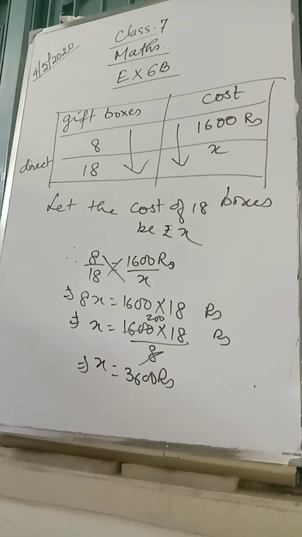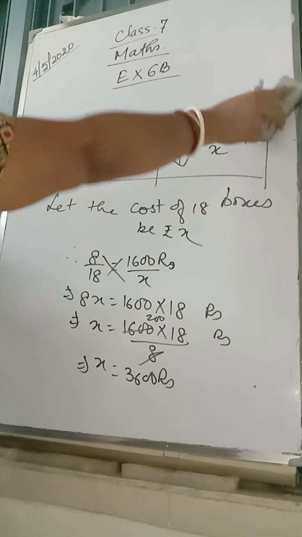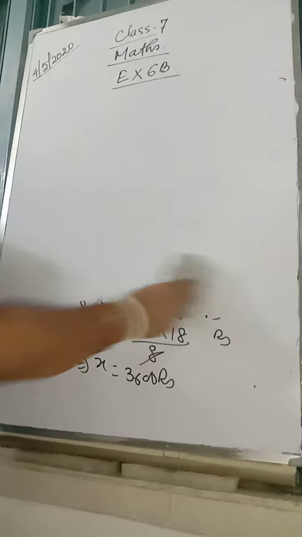And if it is indirect, this is the direct example I have shown. If it is indirect, for example, 12 people can finish a project in 7 days.